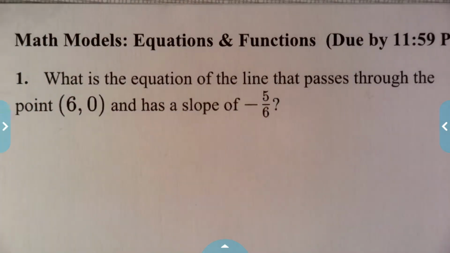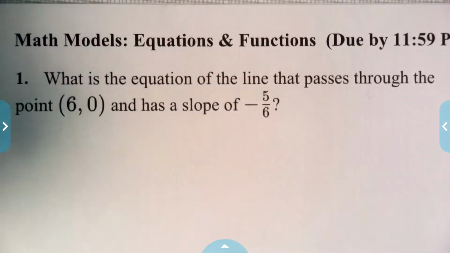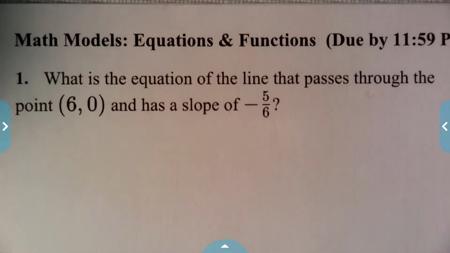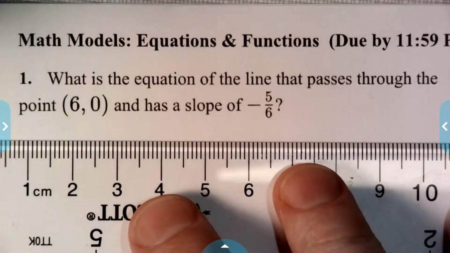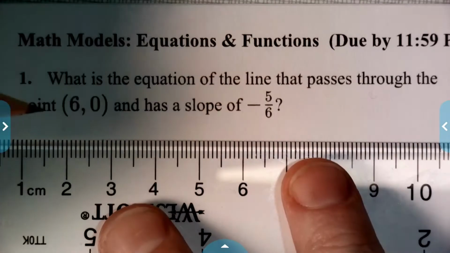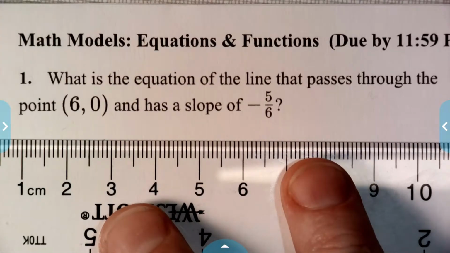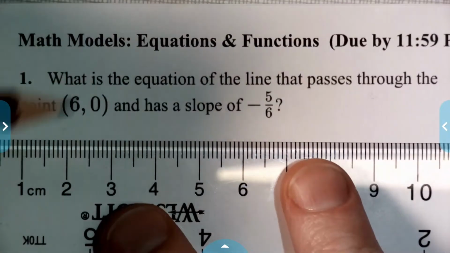Now to actually render the equation in slope intercept form, y equals mx plus b, we have to use the intermediate form, point slope. And here's what that looks like.